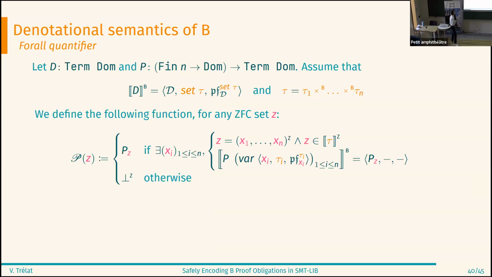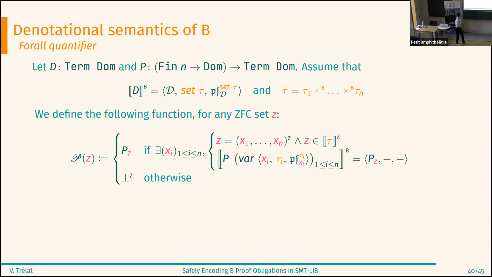Now we define a function that is almost the denotation of P for any z of set Z. We define P of Z that will be equal to PZ or false, and it's equal to PZ when we are able to write Z as a tuple with n components, such that Z is in tau transformed into Z of Z. And such that when we evaluate P over this family of variables, it has a denotation for which the first component is PZ.